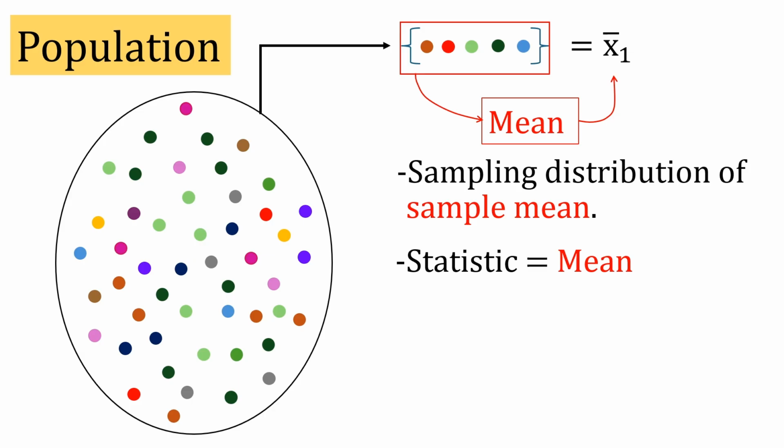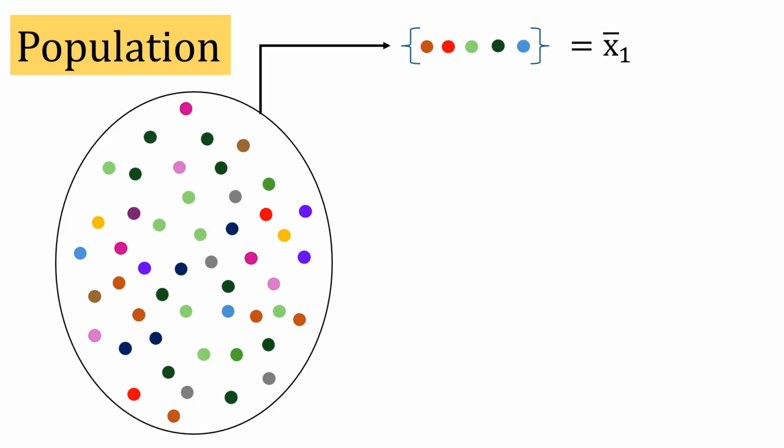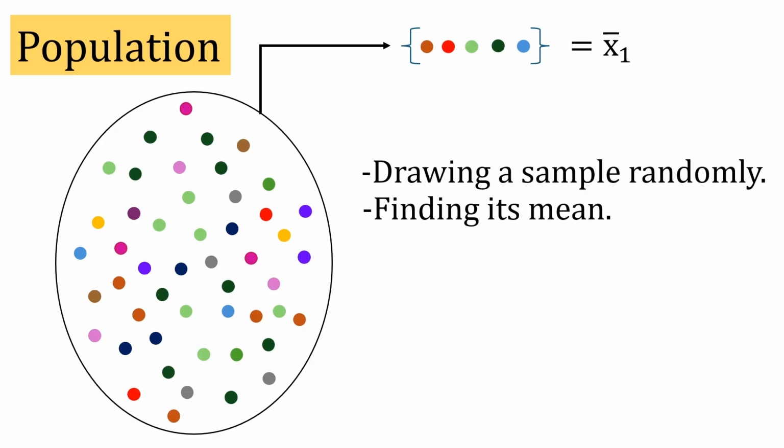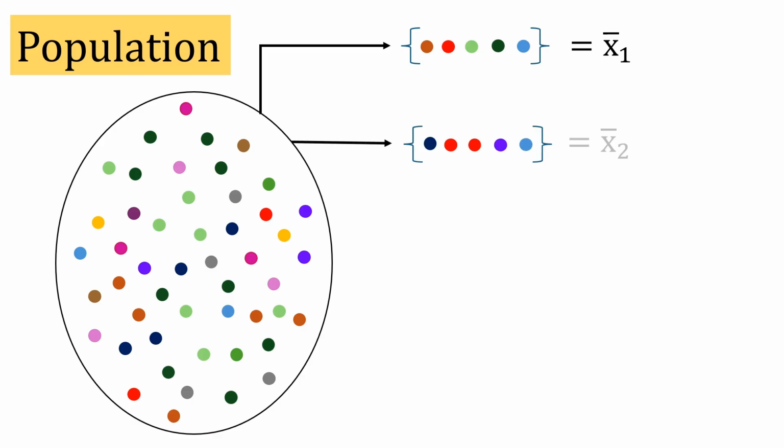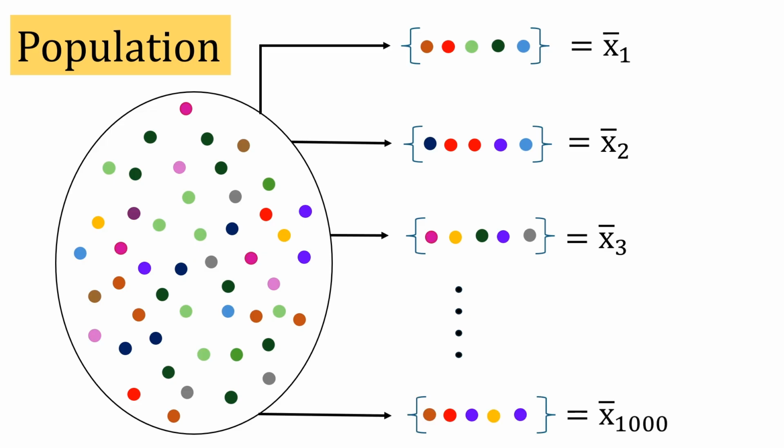We'll find the mean of this sample, and let x1 bar be its mean. Now we will repeat this process so many times. Which process? Drawing a sample randomly, finding its mean, and then placing the sample back. Let's say we repeat this thousands of times. Then we will get a thousand sample mean values.